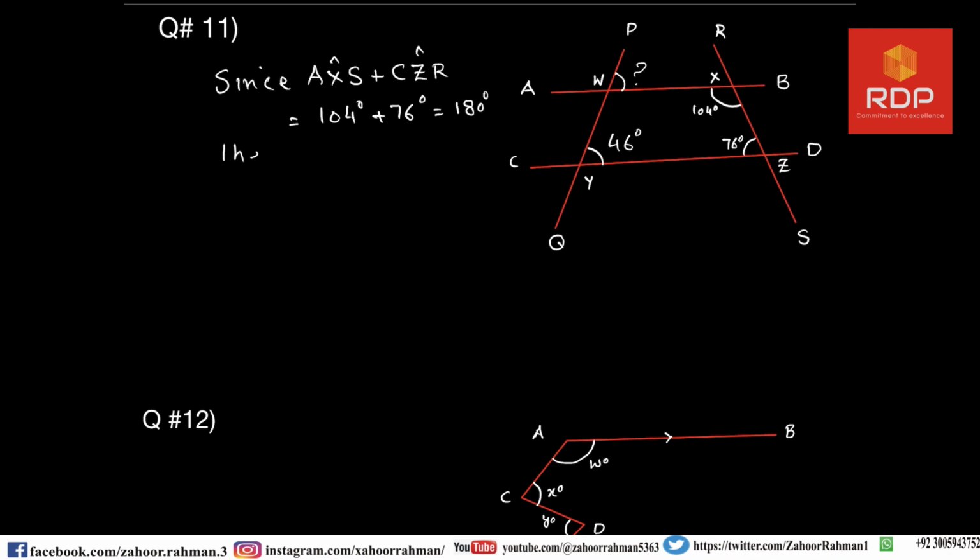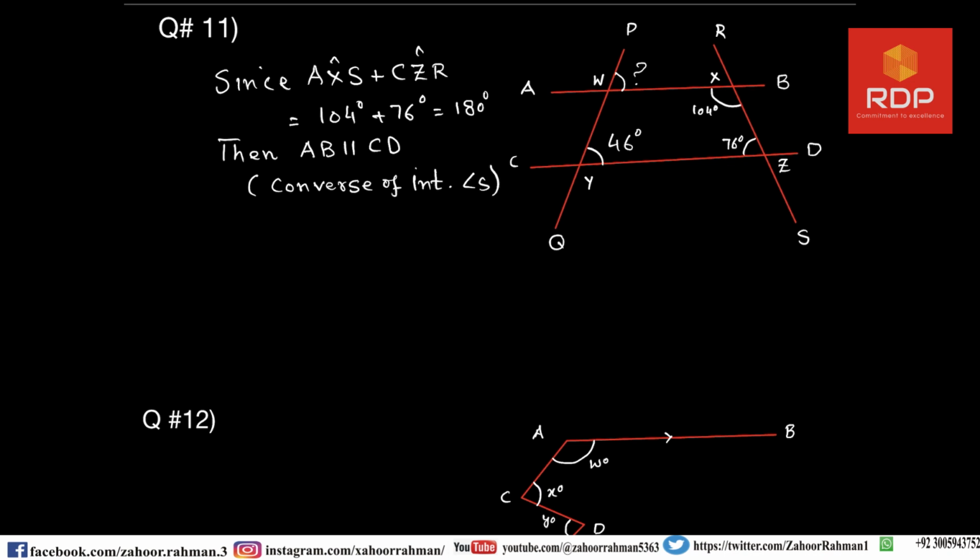If this is the situation, then it means that AB line is parallel to CD line. How can we say that? That is the converse of interior angles.